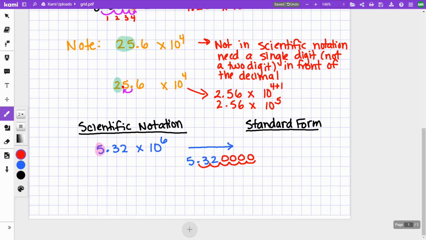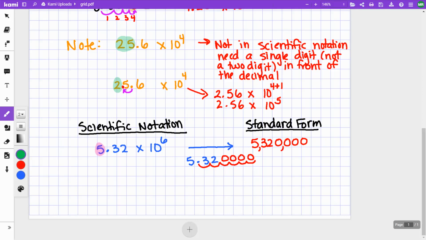So my number would be 5, 3, 2, 1, 2, 3, 4. I had to move it 2 places, but I still had 4 more places I had to move it. So I had to add 4 zeros on to cover that spot. And that number would be 5,320,000 would be that standard form number.